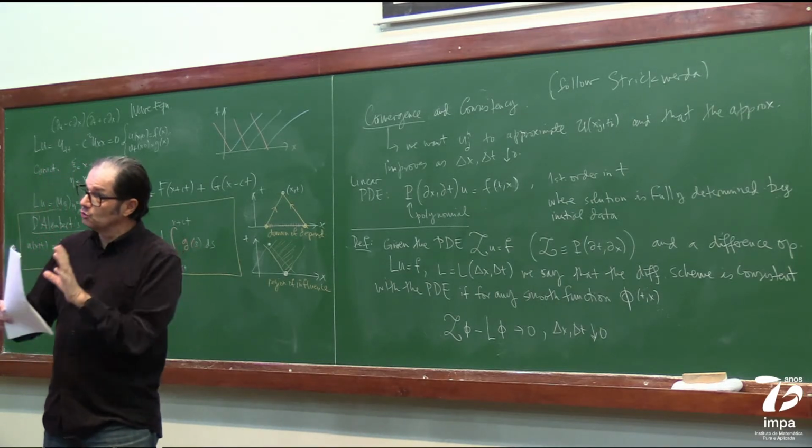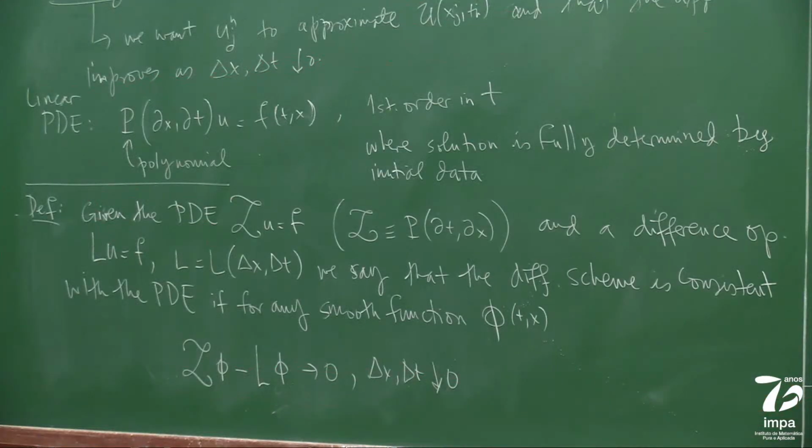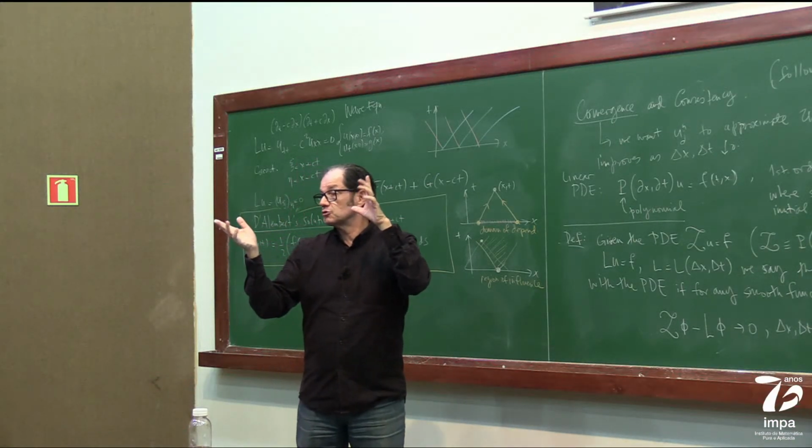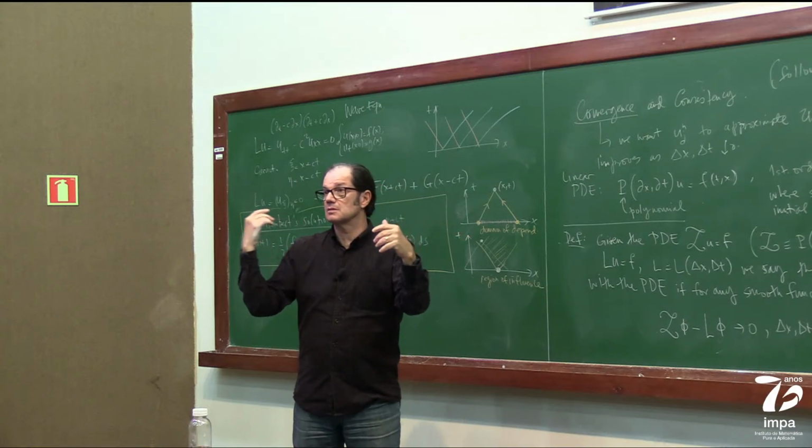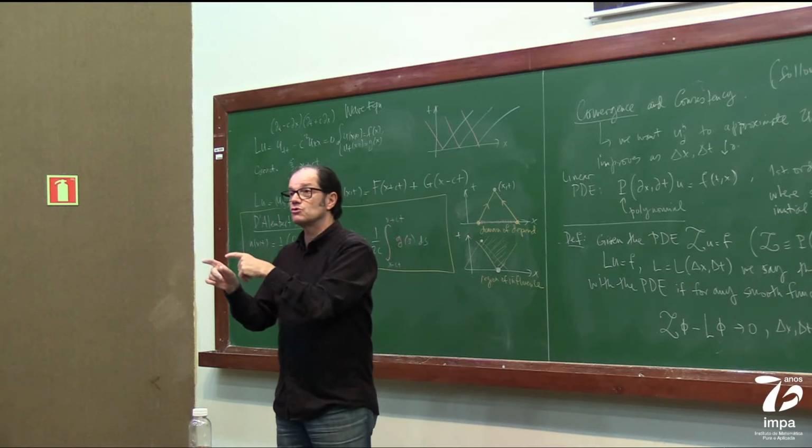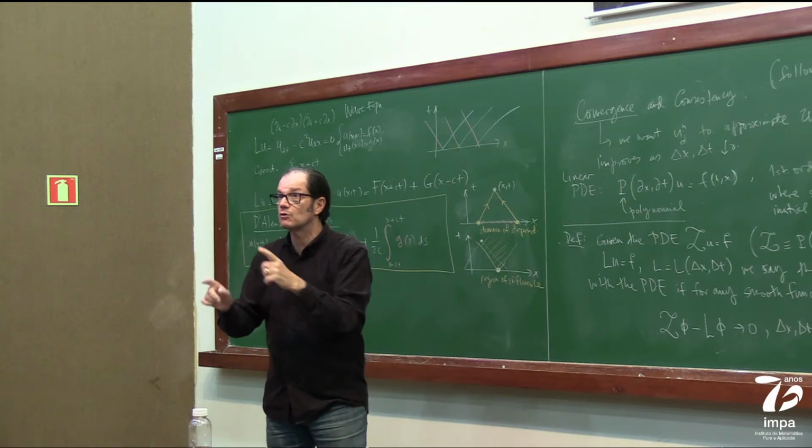Stability is about solutions, right? Next class, I don't have time, I'm going to basically finish here. Next class, it's about solutions not being allowed to diverge out of control, right? That's stability. And there are super theorems that say that consistency plus stability equals convergence, which means equivalence, right?